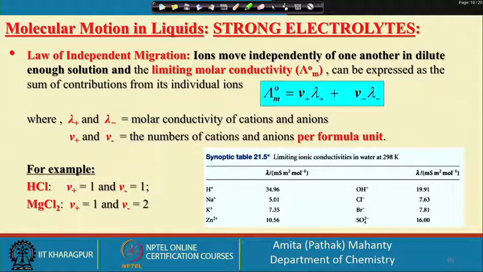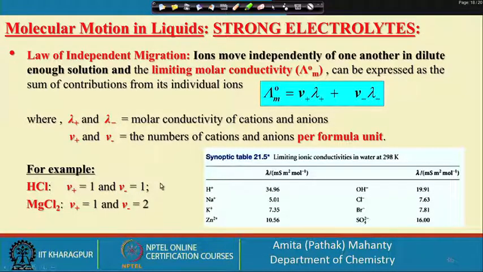So the limiting molar conductance of the electrolyte is found by adding the molar conductivities of the individual ions, the positive ion and the negative ion, multiplied by nu plus or minus, that is the number of cations or anions per formula unit.